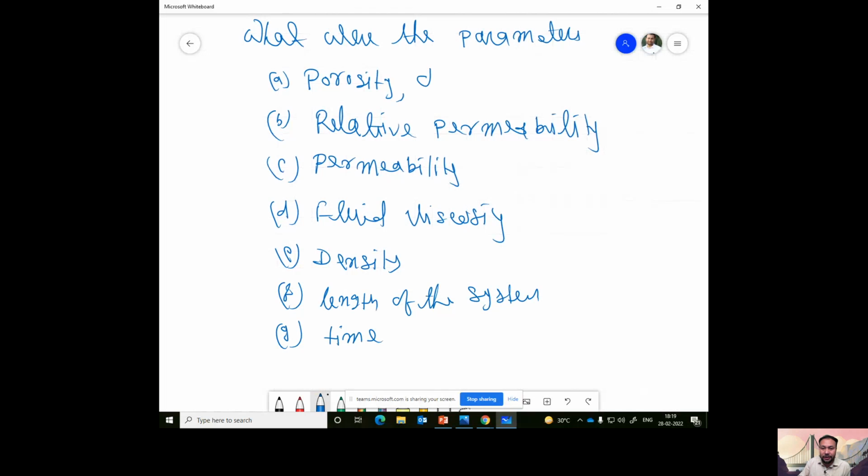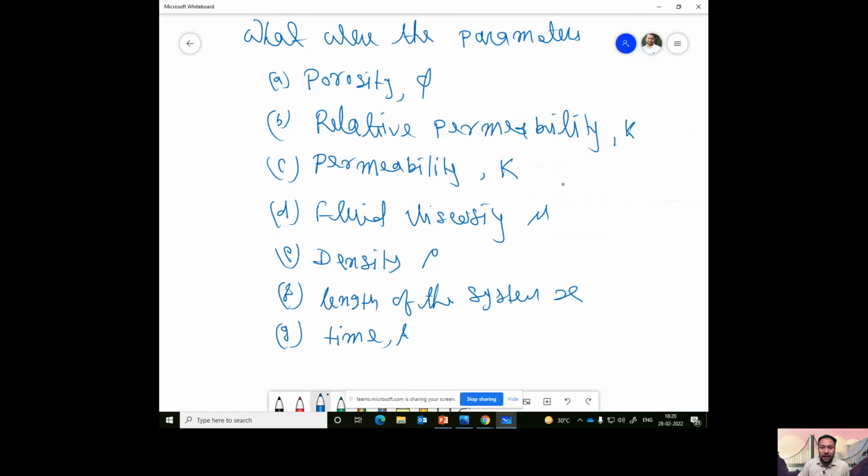This is phi for porosity. If it is relative permeability, we took the small k. If it is permeability, the notation is capital K. If it is viscosity, we took mu. If it is density, it is rho. If it is the length of the system, it is x. If it is time, this is t.